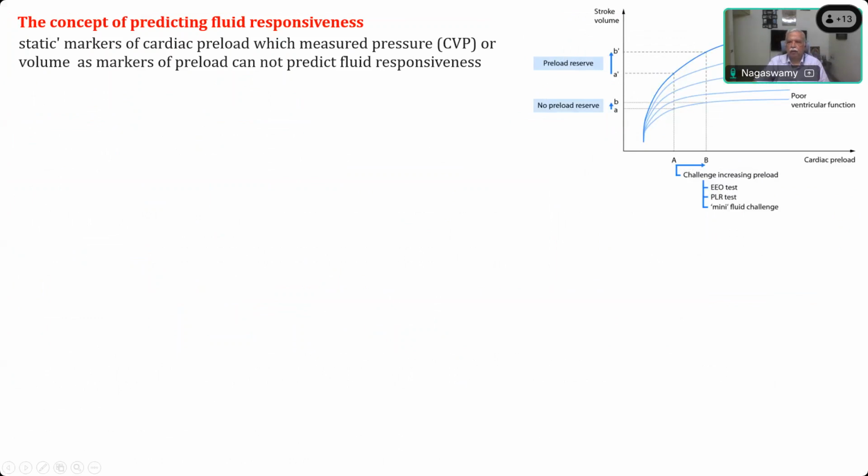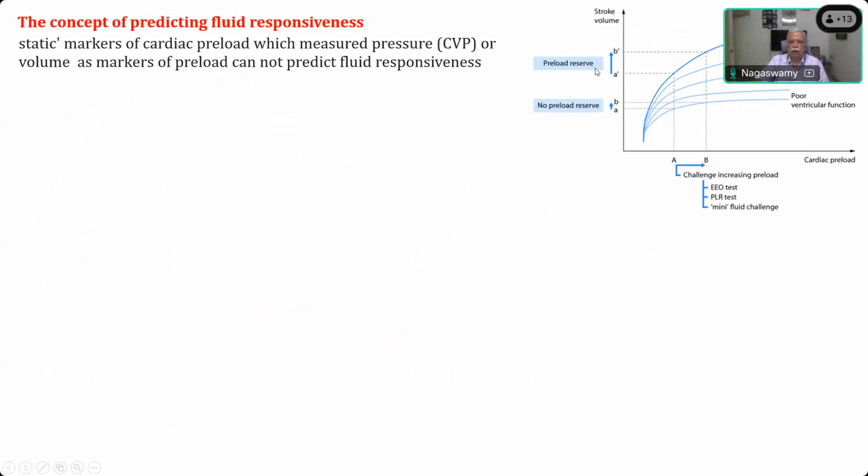So in a normal functioning heart, if you give a fluid challenge from A to B, there is a preload reserve and we can see the stroke volume increase from A prime to B prime. Whereas in a heart which is not responding properly, if you give a fluid challenge, the increase in stroke volume is very, very small, which is considered as no preload reserve.